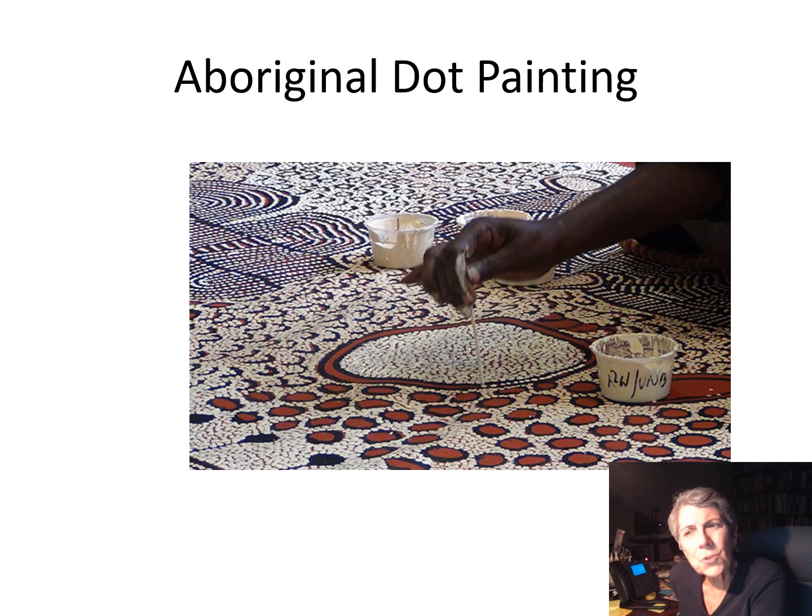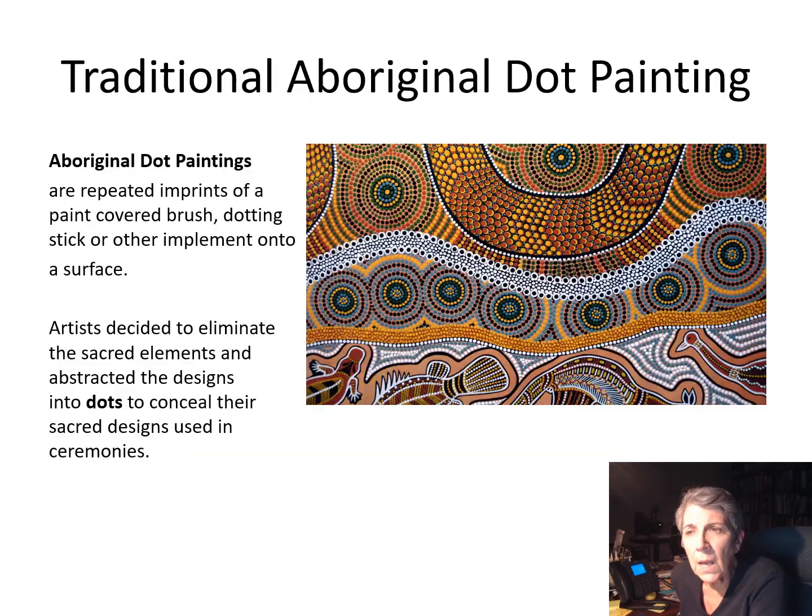So this is their tradition, this dot technique that they like to use, the dot painting. And they're still very popular today with a lot of the artists. I don't want to call them folk artists, but they just want to carry on that tradition. And so this actually is a beautiful work, and it's a traditional piece that is in your little test there.